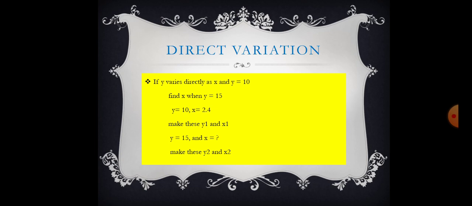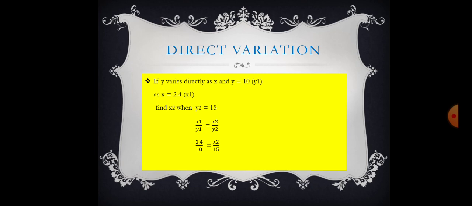For that x2, the y value will be y2. It means y2 equals 15 and we have to find x2. So we will use the formula x1 upon y1 equals x2 upon y2. On substituting these values, in place of x1 we put 2.4, for that y1 is 10, equals x2 upon, in place of y2, we put 15.